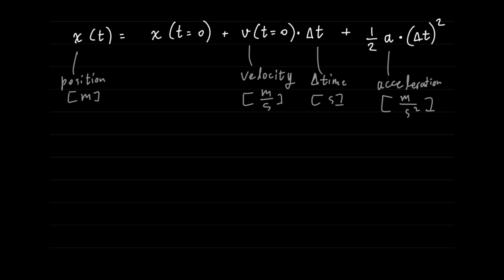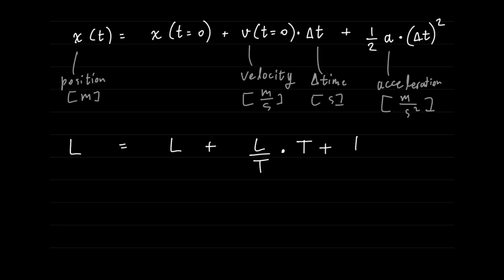We can check the dimensions of this equation by replacing the units with dimensions. So meters is length, and x here is length too, and velocity is L over t, and we have time as t.